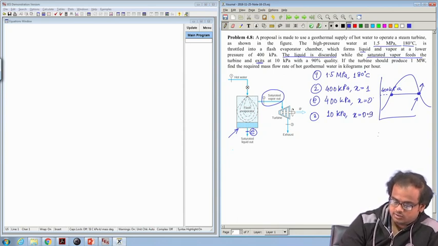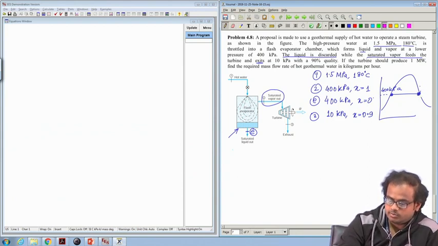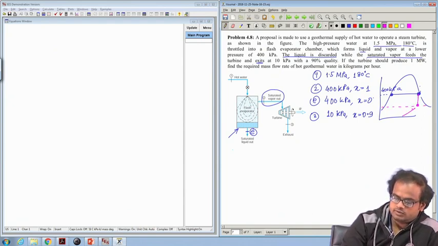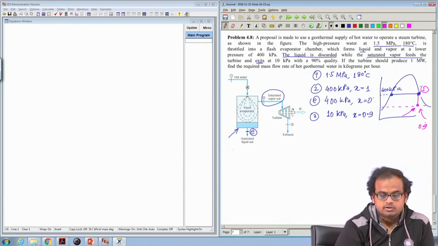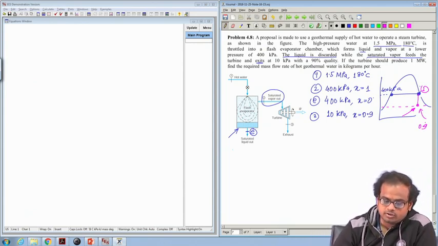So essentially, once you have flashed to this point, you then expand it in a turbine and you go to this. So you essentially decrease the quality. Here the quality was 1 and here the quality is 0.9. The turbine should produce 1 megawatt.